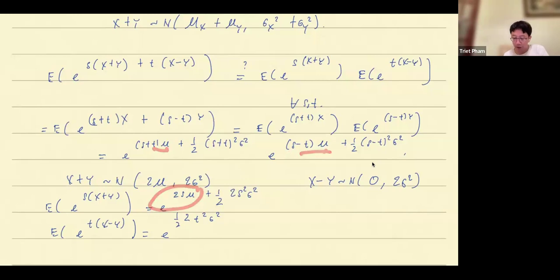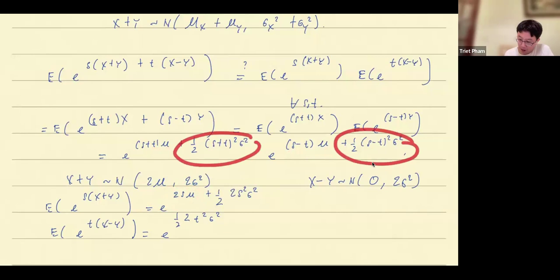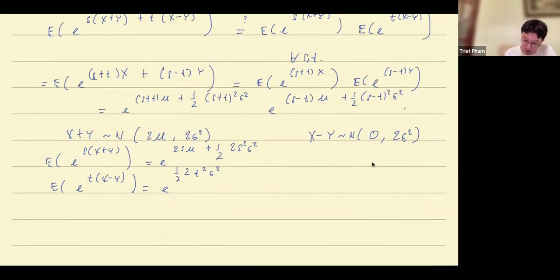All right. What else? What about these two terms? Let's check that out. 1/2 (s plus t) squared sigma squared is 1/2 (s squared plus 2st plus t squared) sigma squared.